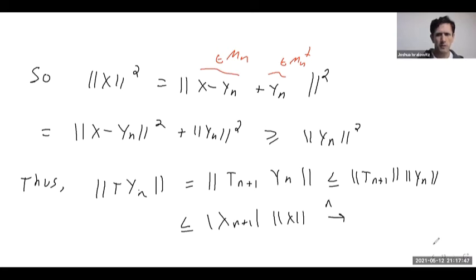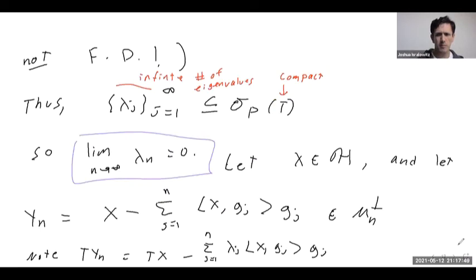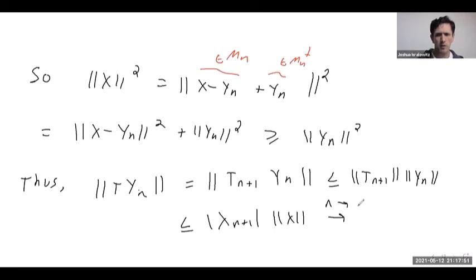Now let's use the fact that the lambdas converge to 0. So this converges to 0 as n goes to infinity. And so what have we proved?